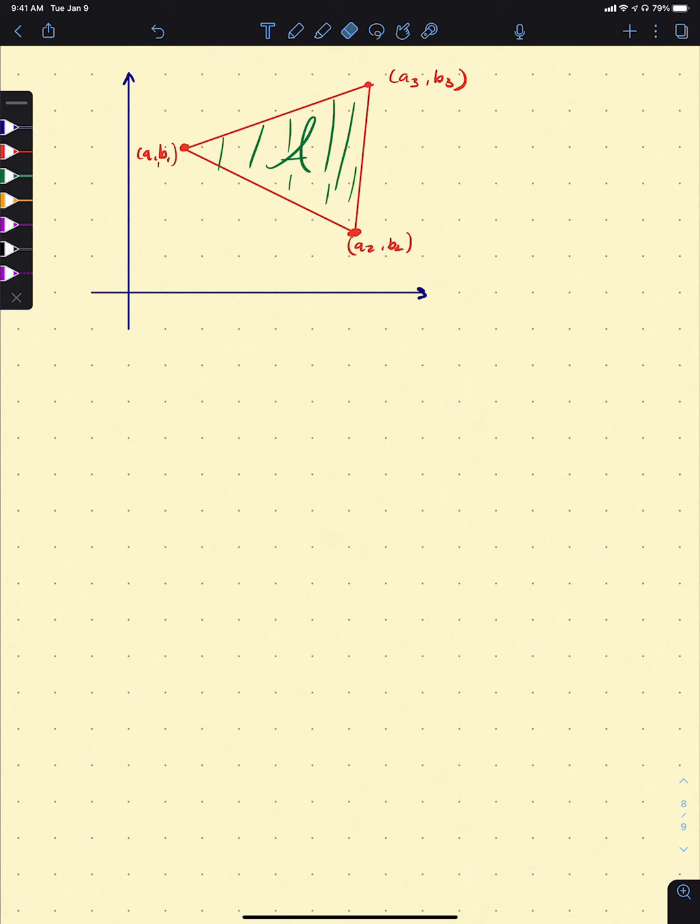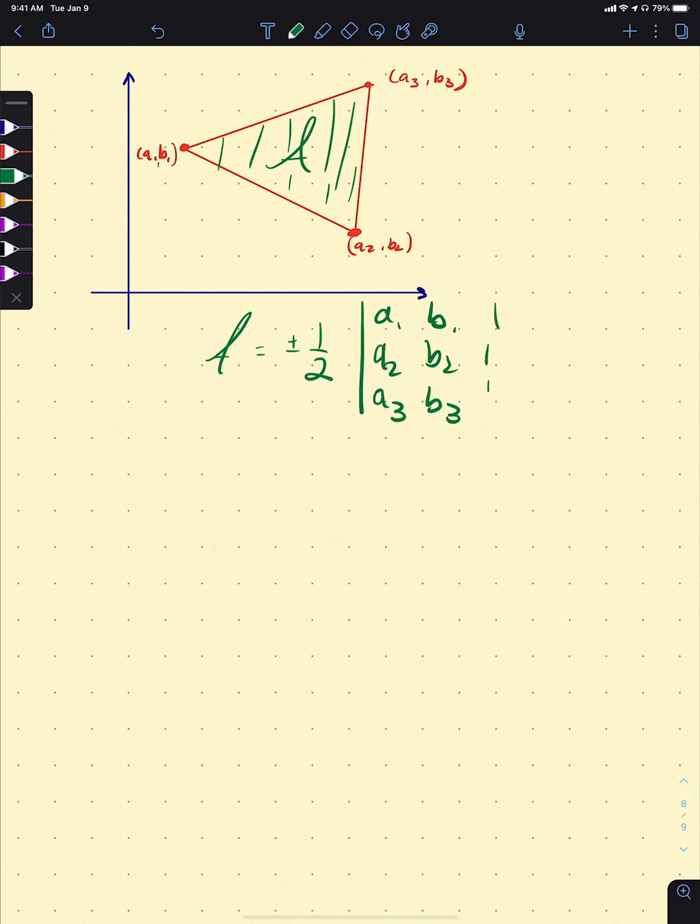Your Fancy A is equal to plus or minus 1/2 times the determinant. We write A1, B1, 1, A2, B2, 1, and A3, B3, 1. Okay, where you choose this sign to make this positive, right? If this determinant ends up negative, you choose negative 1/2. If it ends up positive, you go positive, okay?